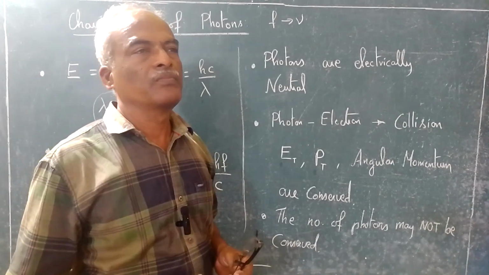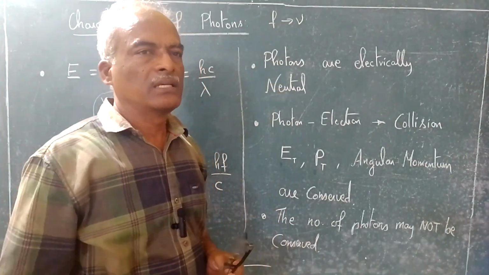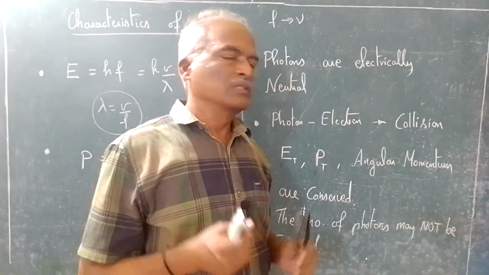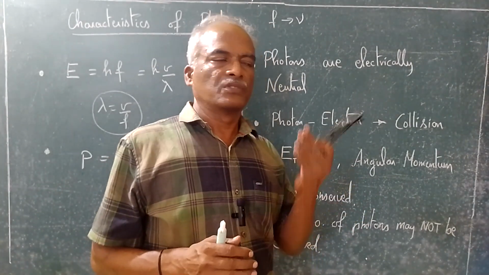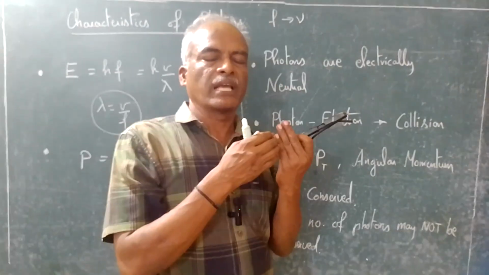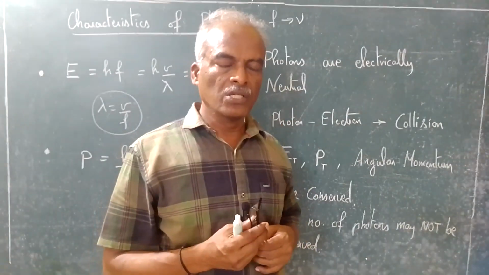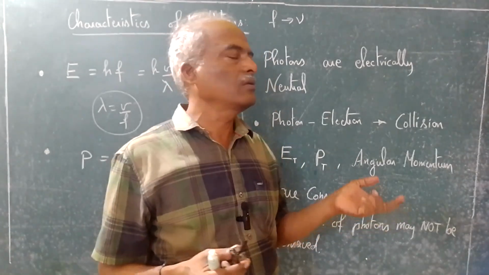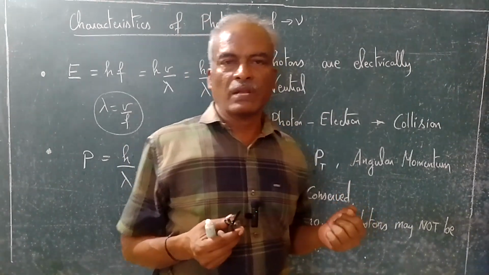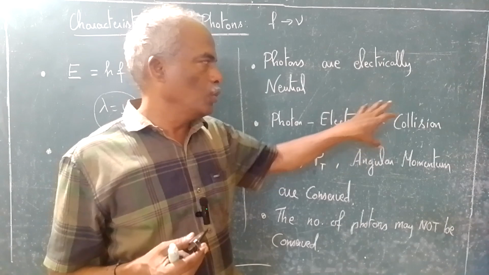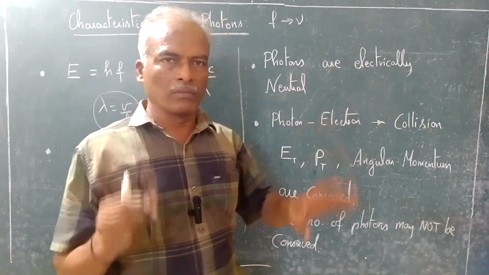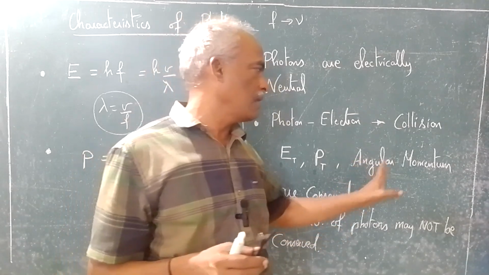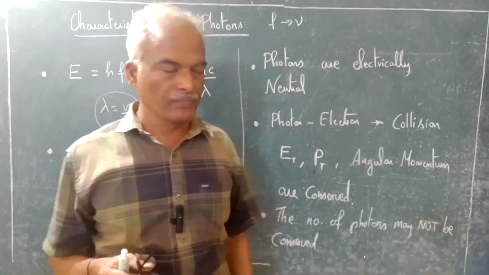That means when a light hits an electron, that's what usually happens. So in the cathode, the light strikes the cathode and electrons are released. So during an interaction between photon and an electron, that collision will happen. So in that condition, the total energy, total linear momentum and the angular momentum are conserved.